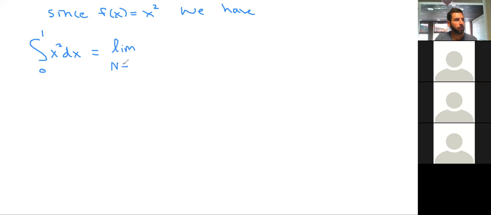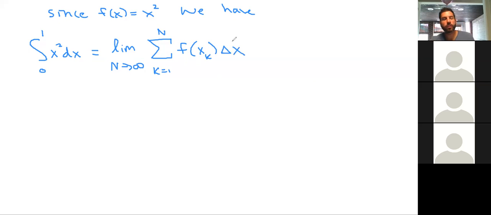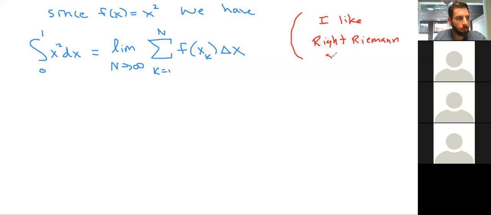It's the limit as n goes to infinity of the sum, k goes from 1 to n, of f of x sub k delta x. Now I am using, as I told you, the right Riemann sum because that's the easiest one for me to use. It's always in my head. So I'm going to make a note of that. That's what I like. I like the right Riemann sums.